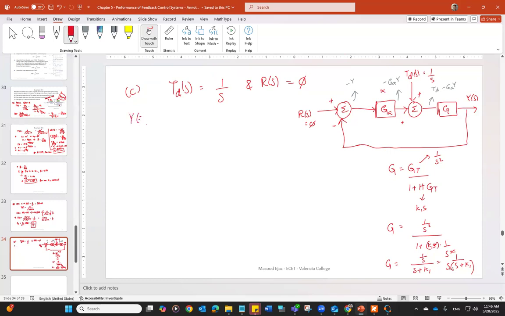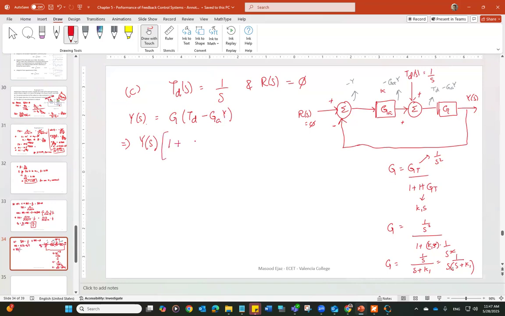So Y of S is equal to G times TD minus GA times Y. Okay. So Y of S, I'm going to bring this term on the left side, take Y of S common.